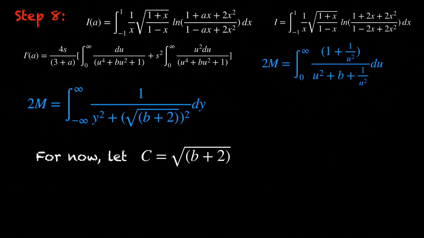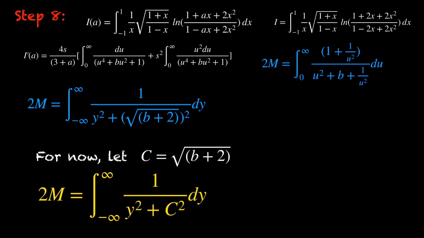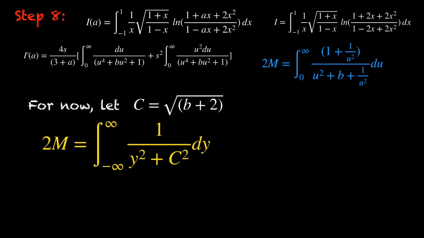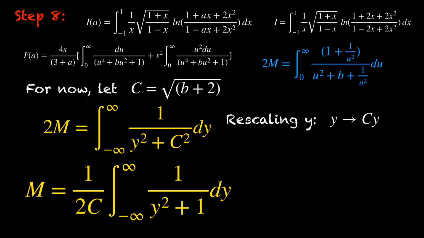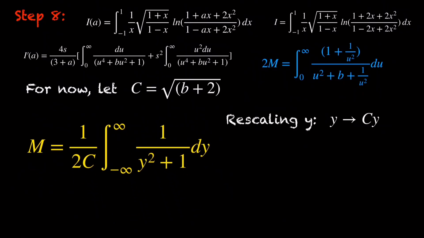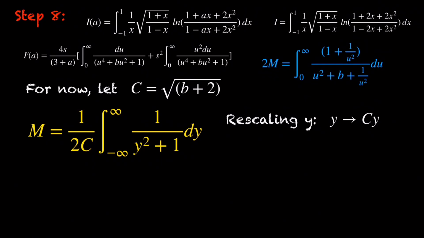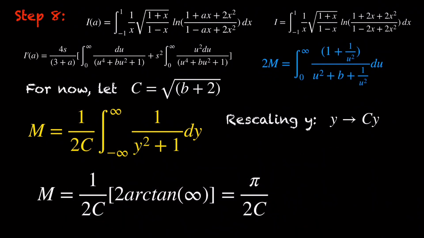For now, let's let c equal the square root of b plus 2, giving us this integral. And then we can rescale our integral by letting y go to cy, and that'll give us, ultimately, M is equal to this integral. And this one should look familiar to you. It's an arctan integral.